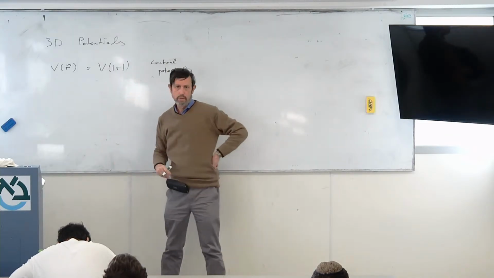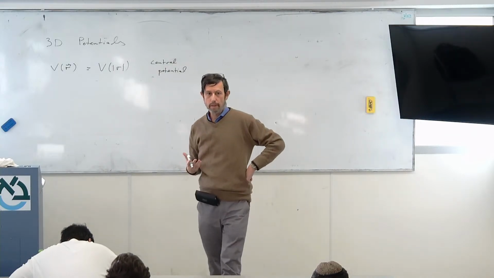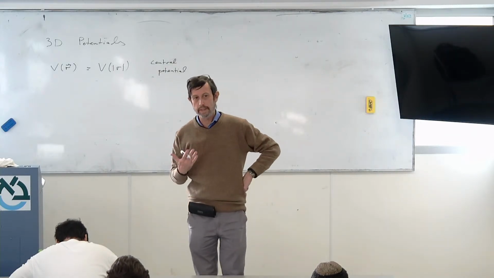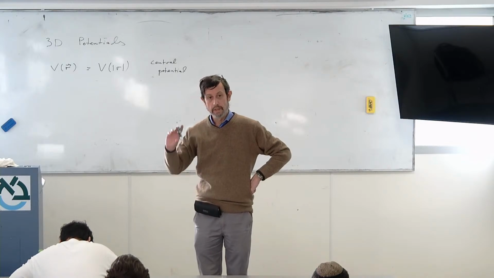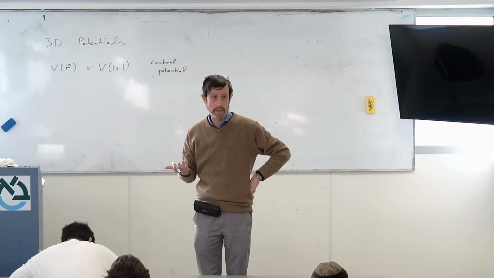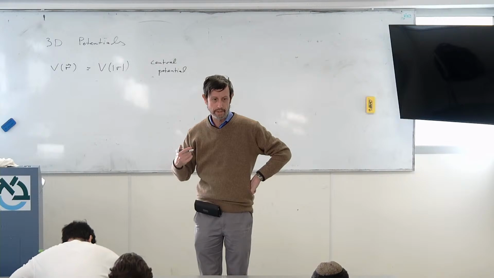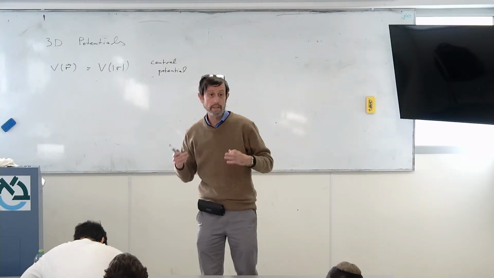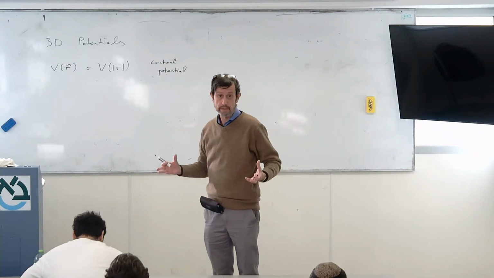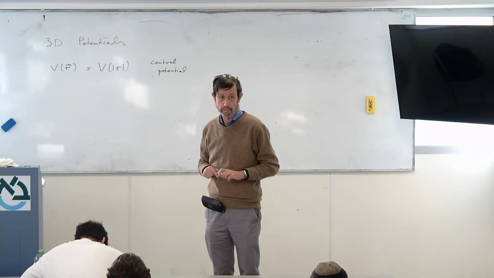What is special about this potential is that it has a symmetry. You can rotate it by any angle and you'll get the same potential, which leads to angular momentum conservation. And that determines the whole physics of these types of problems.